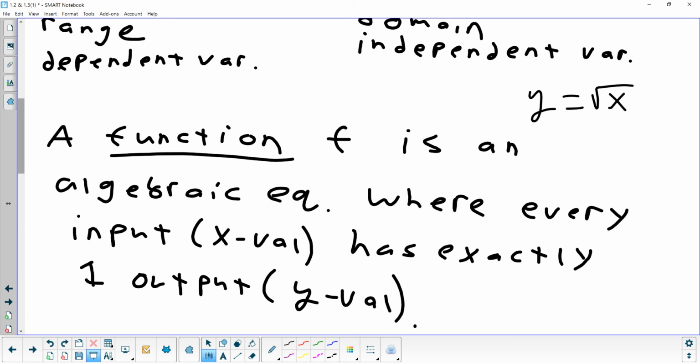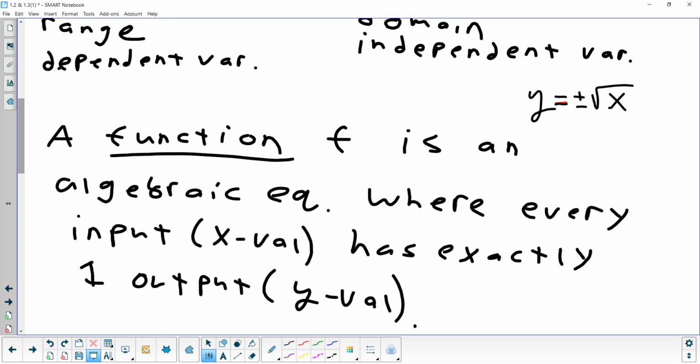Look at this one. Square root of x. Especially if I did something like this: if I asked you, what is the square root of 16? What would you tell me? What's the square root of 16? That's like the domain.